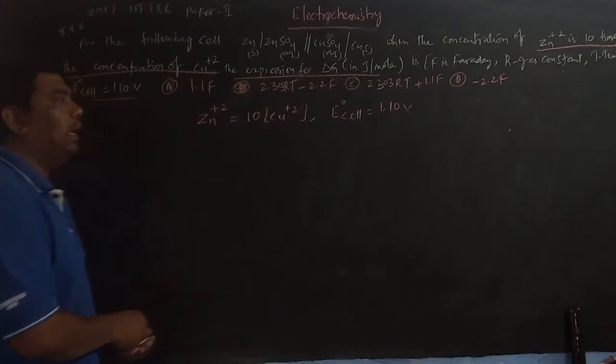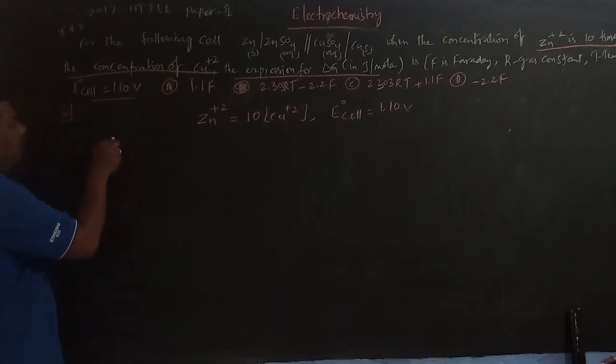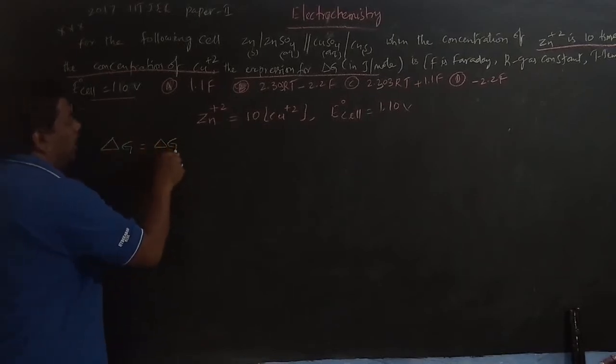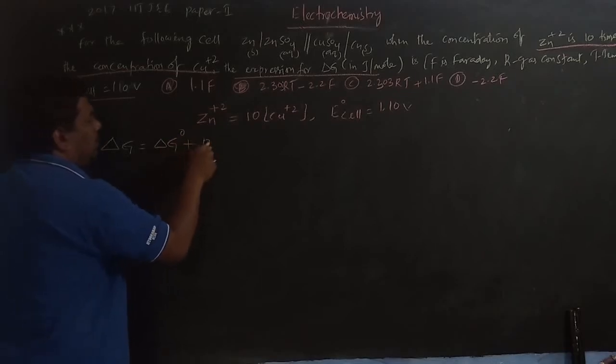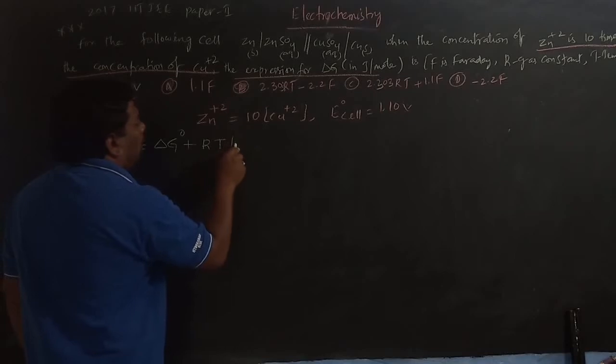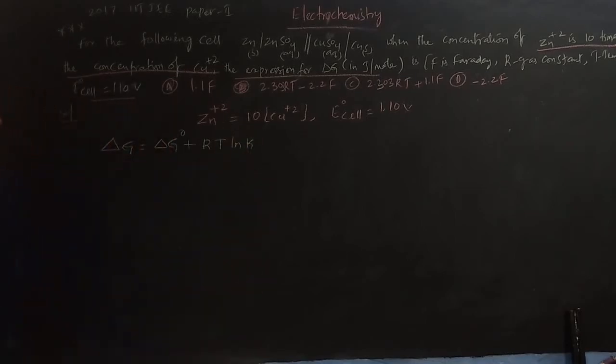So we will calculate. We know the Van 't Hoff isotherm equation: delta G is equal to delta G naught plus RT into ln K.